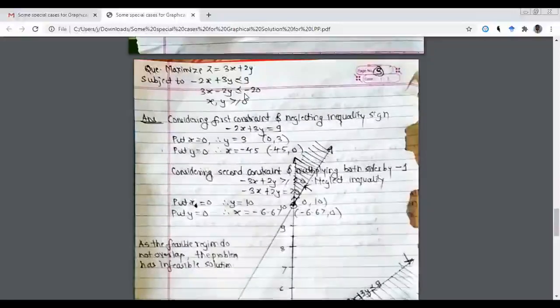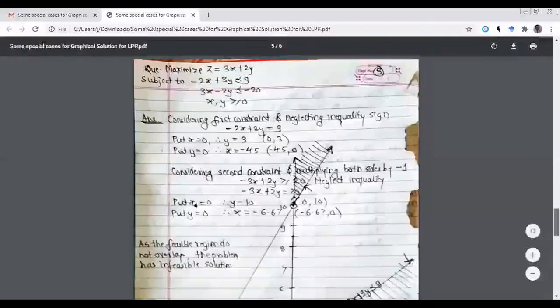So what we have is minus 3x plus 2y greater than or equal to 20. We can neglect the inequality sign. We can put x is equal to 0, so we get y is equal to 10. So the first point appears to be 0 comma 10. Next, by putting y is equal to 0, we get another point which is minus 6.67 comma 0.